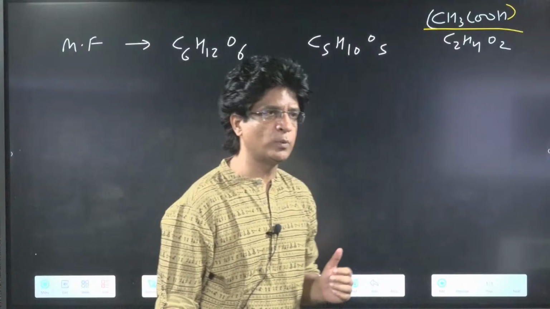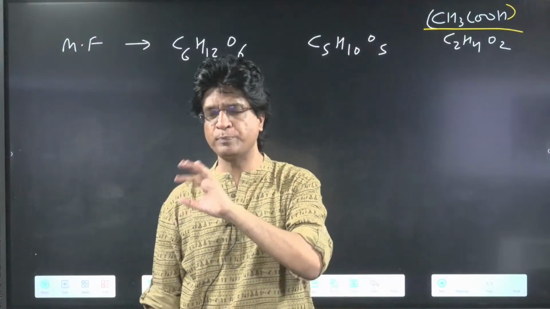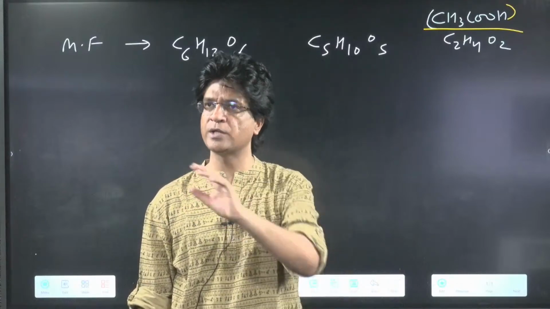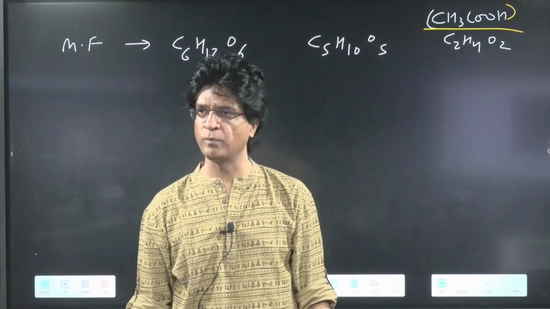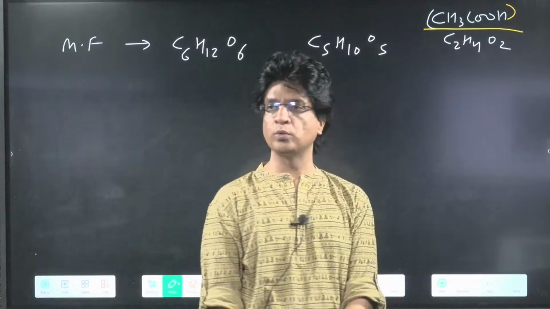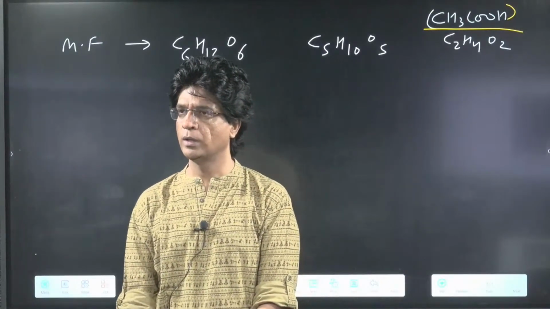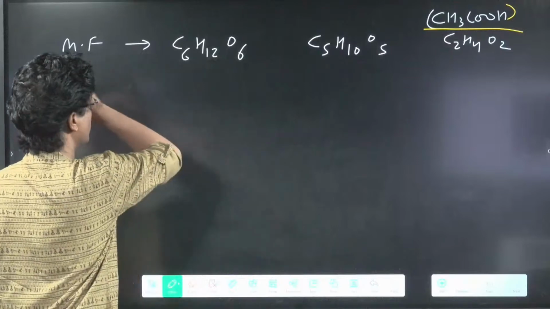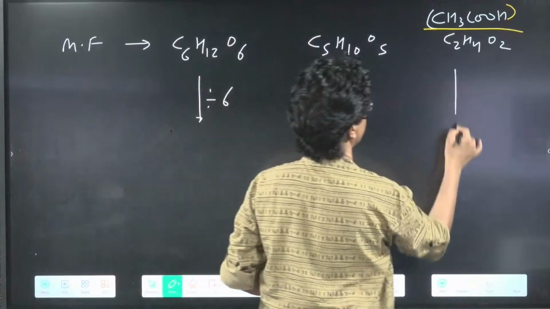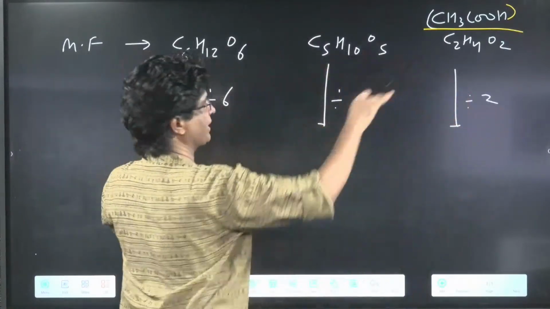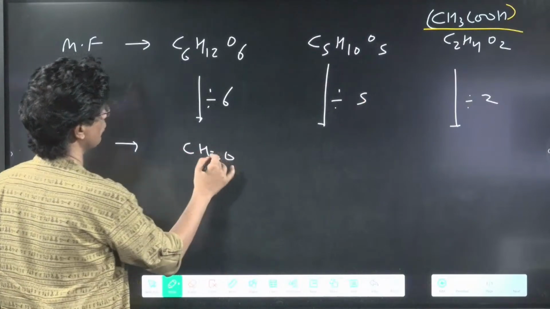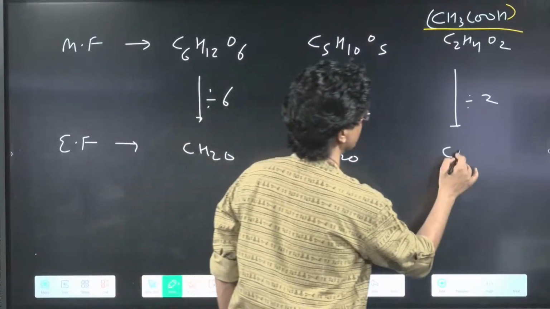Now, what is an empirical formula? Empirical formula is the simplest possible integral ratio of atoms present in any molecule. So if I divide this by 6, this by 5, and this by 2, which are the common factors, I'll get the empirical formula, which will be CH2O, CH2O, and CH2O.